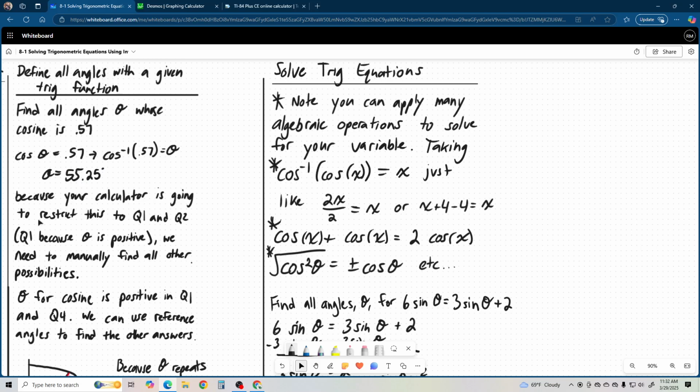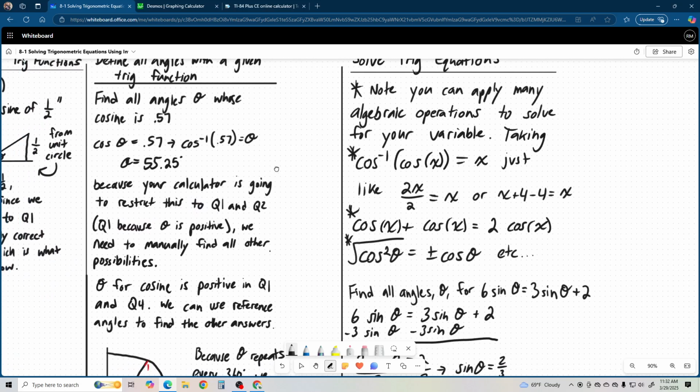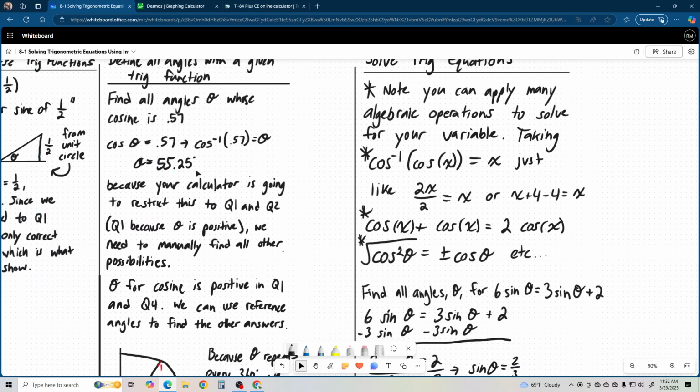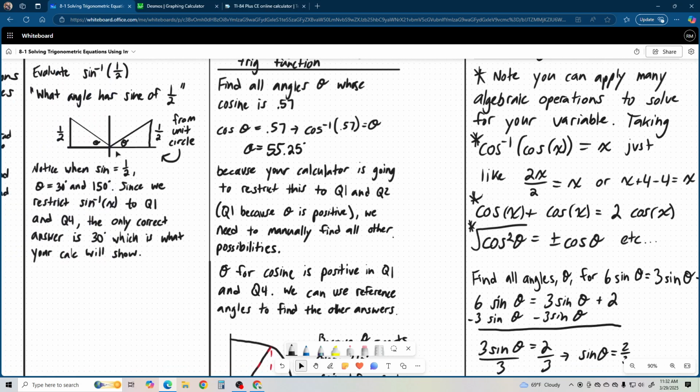Your calculator is only going to restrict this to quadrant 1 and quadrant 2, as we just talked about. So 55.25 is not the only possible answer. Technically speaking, cosine can exist down in quadrant 4 as well and still be positive, but it doesn't fall within our restricted range.